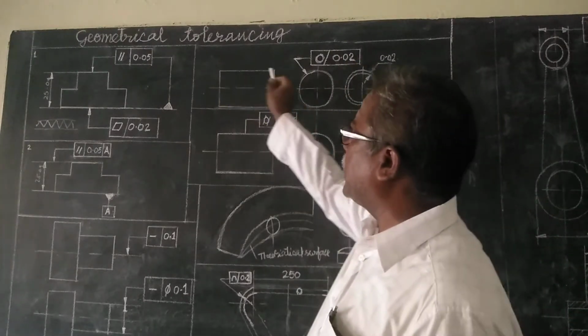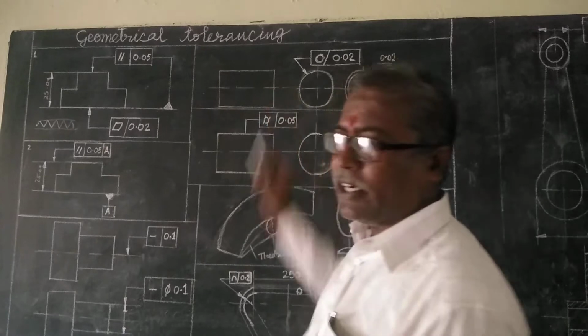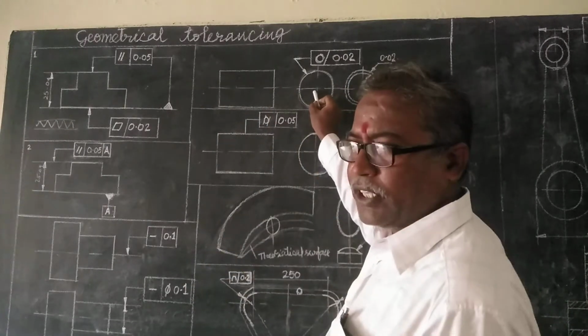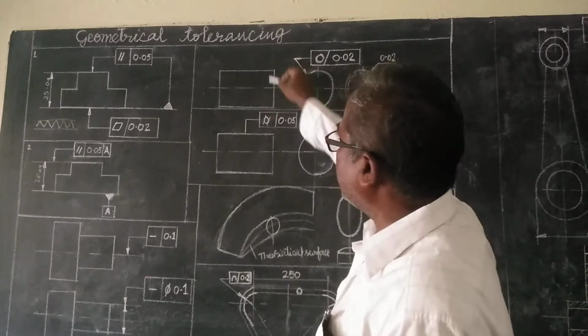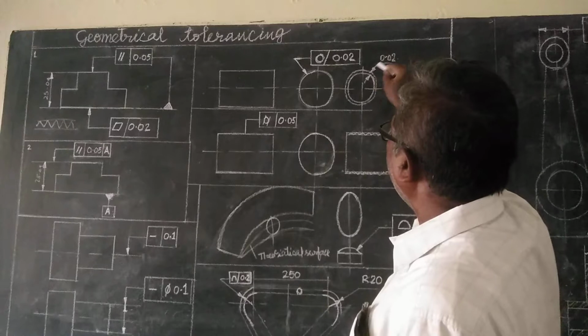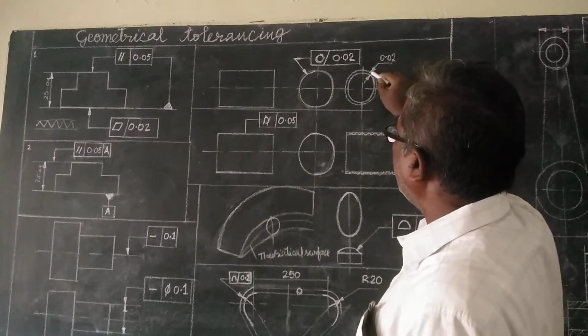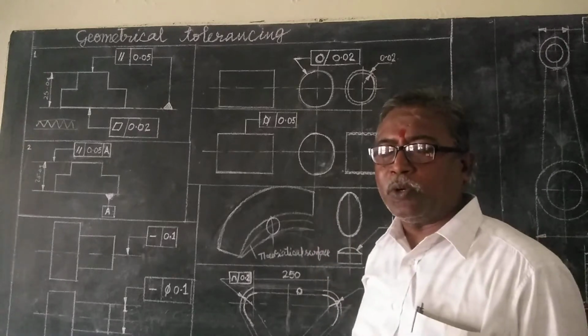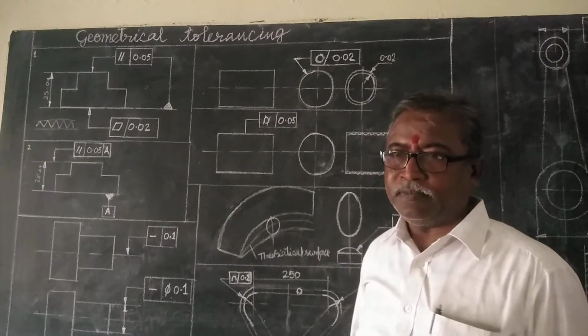This is showing on the cylinder. Think that that is a cylinder because the side view is given. On this cylinder circularity, how are they going to check roundness? This will be 0.02. That means ups and downs will be within 0.02 on the circle.